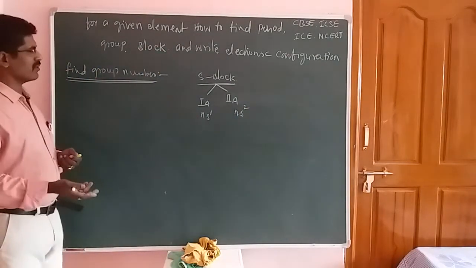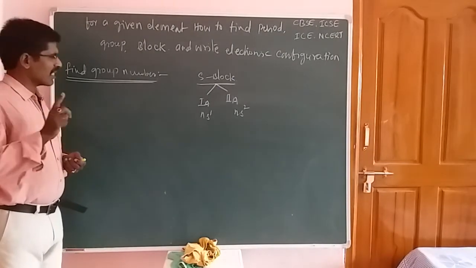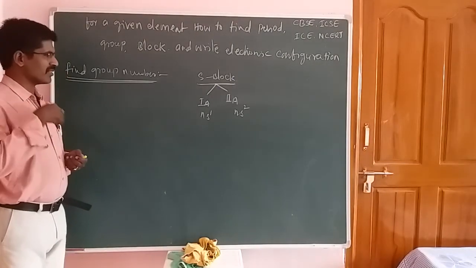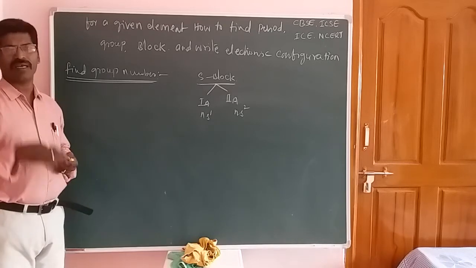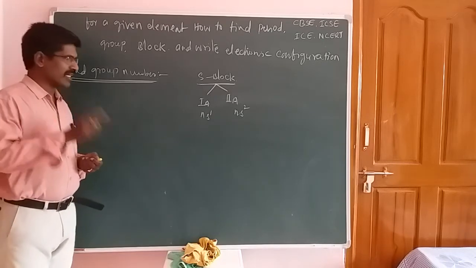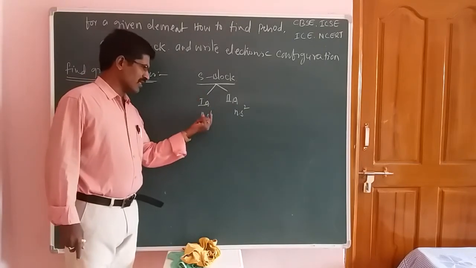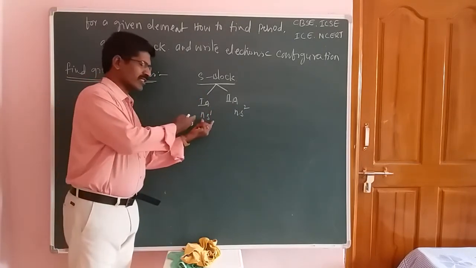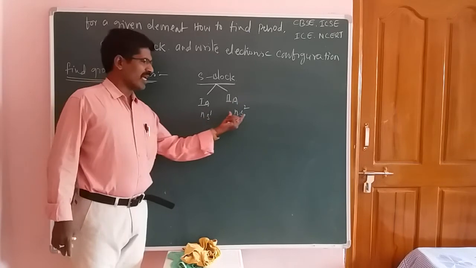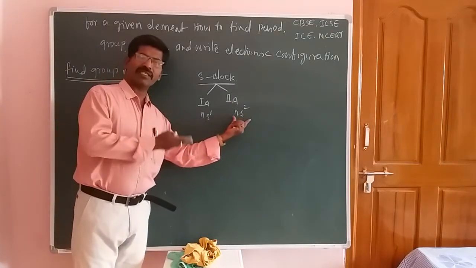In your question, if the electrons end with s block, that means an s orbital, and it has ns1, then it comes under the first A group elements. If it has ns2, then it comes under the second A group.